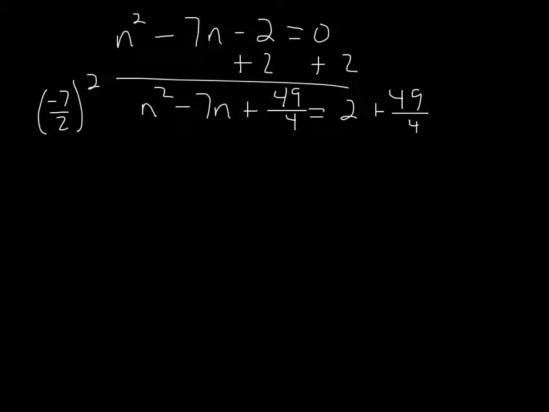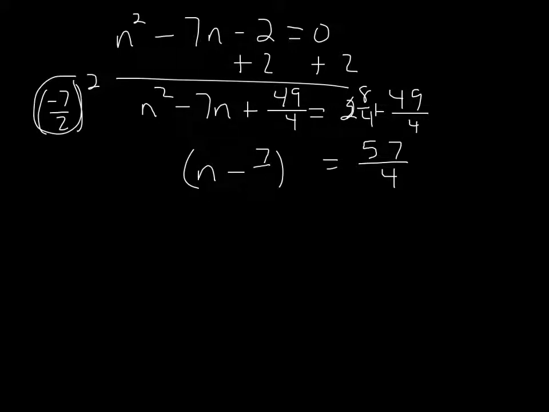The 2 with a denominator of 4 would actually become 8/4. So this turns into 57/4 on that side. On this side, we get (n − 7/2)².